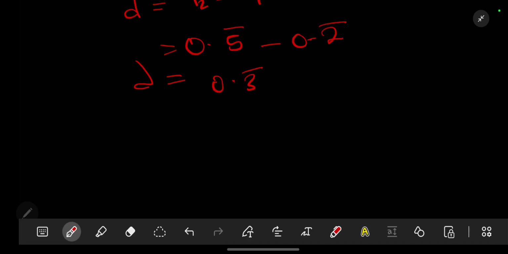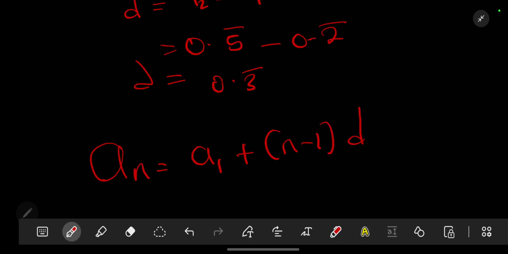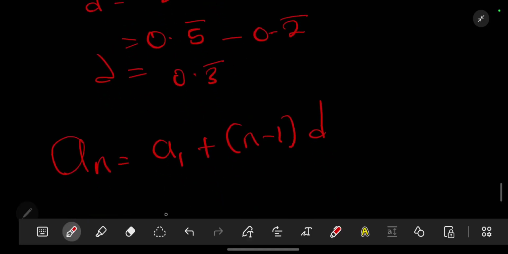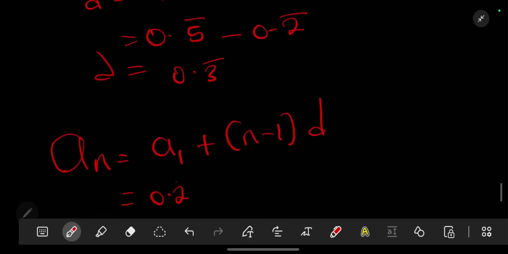So the nth term is given as term number 1 plus n minus 1 times the common difference, like that. So what is our term number 1 in this case? Term number 1 is 0.2 bar, plus n minus 1.